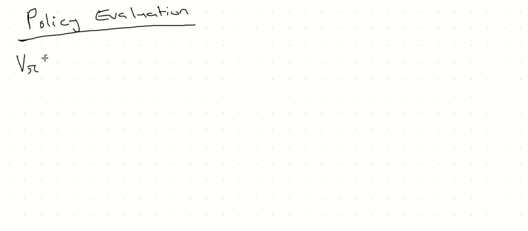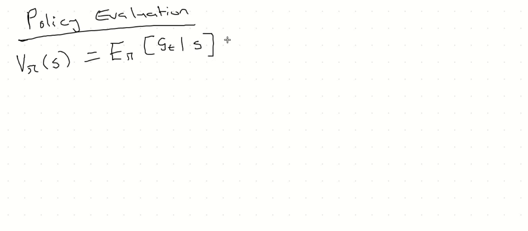We've already gone through this. We've been given pi, and we need to estimate the value function of s. So how good it is to be in state s under policy pi, right? Well, this is actually equal to the expectation under policy pi of the return Gt given s.